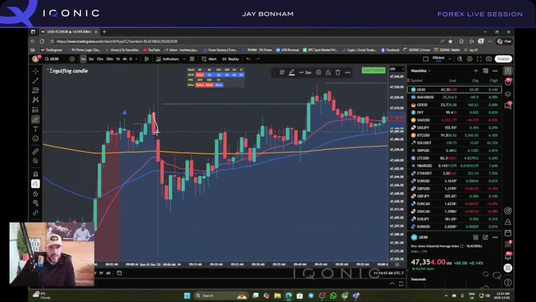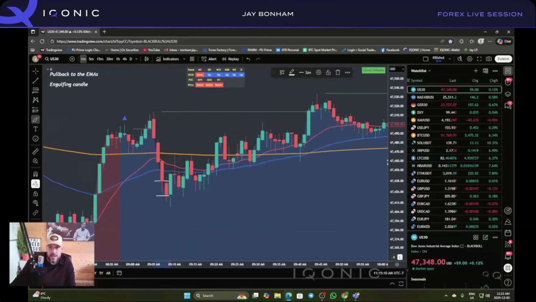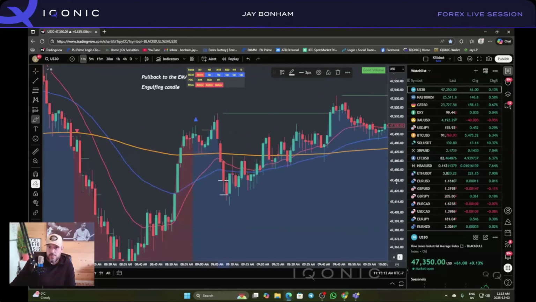We have these pullback candles, we got all these red candles that pull back, and then we have our last one. You can see our last one right here. So we have our last red candle, if we want to pull back to join this signal. So you want to make sure it pulls back to the EMAs.